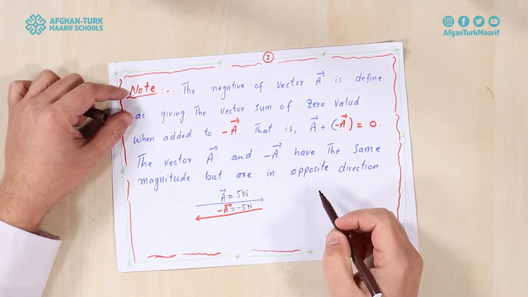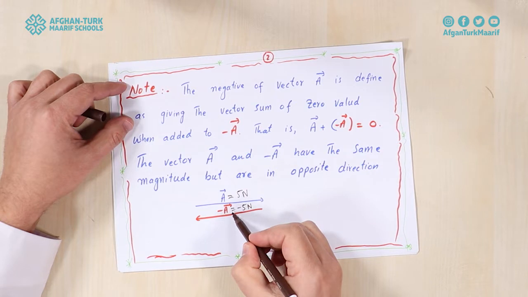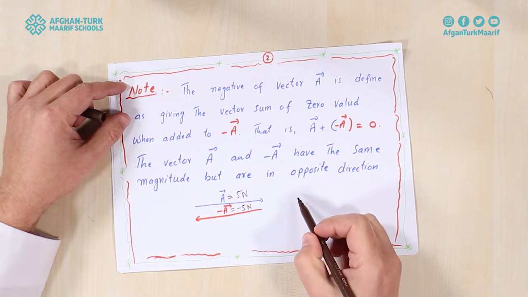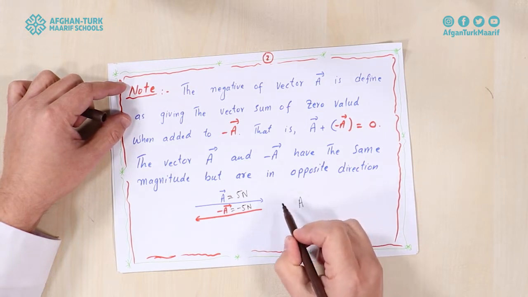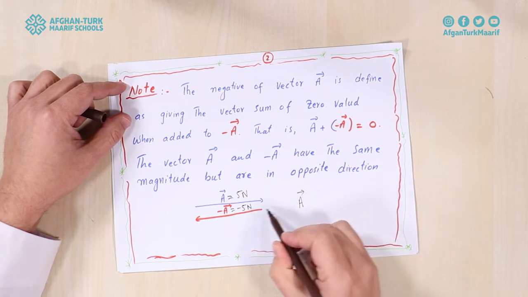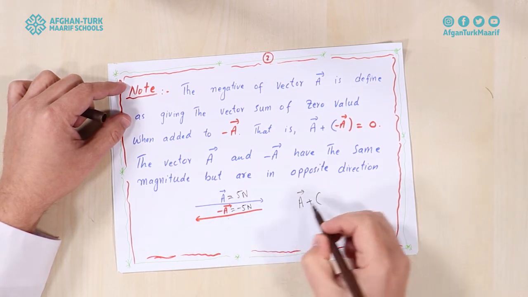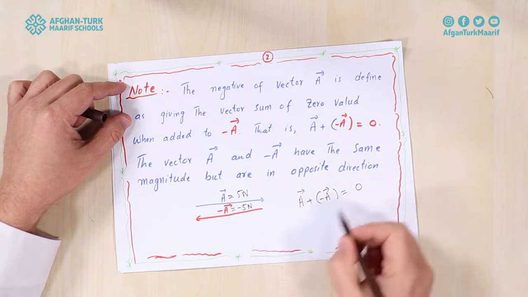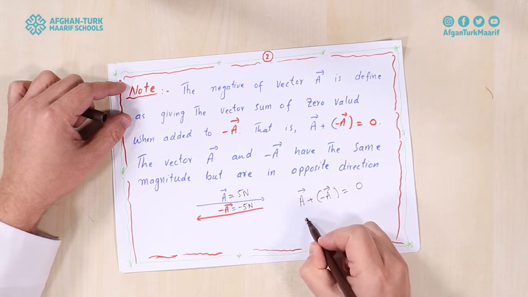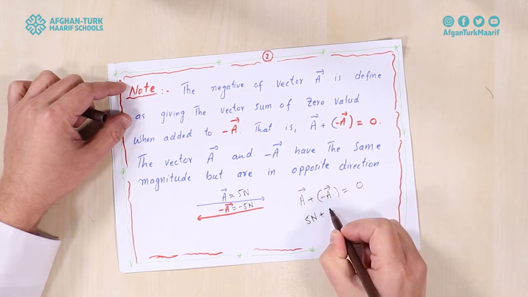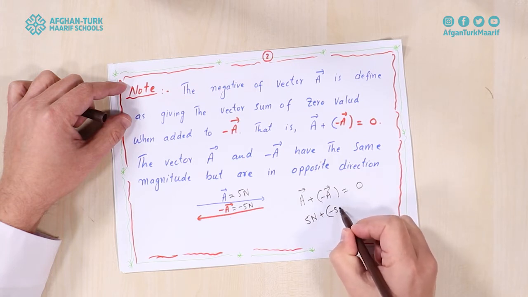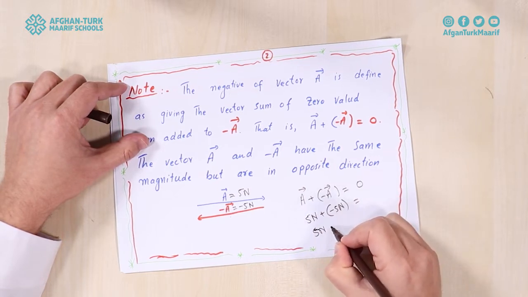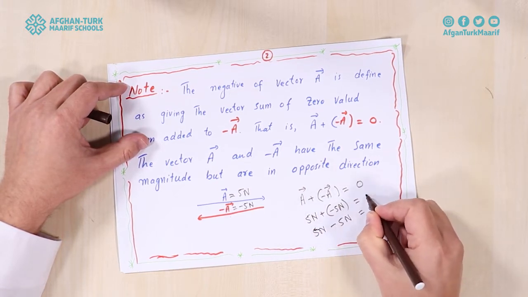If we add these two vectors, plus A and minus A, which are in opposite directions, the sum of these two vectors must be equal to 0. If we put in the values, this one is 5 Newton, plus the second one, minus 5 Newton, which is equal to 0.